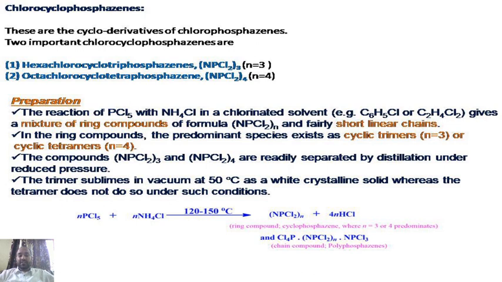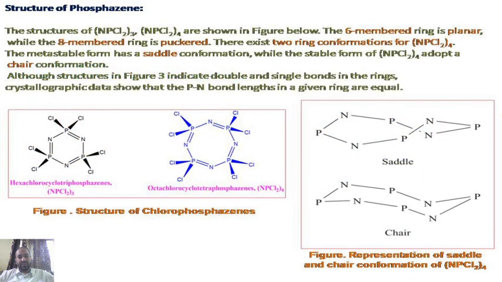Since (NPCl2)3, the cyclic trimer, undergoes sublimation in vacuum at 50 degrees Celsius as a white crystalline solid, whereas the second analog, the tetramer with n equal to 4, does not undergo sublimation, these can be easily separated from each other. It's the simplest way of preparing the cyclic phosphazenes.